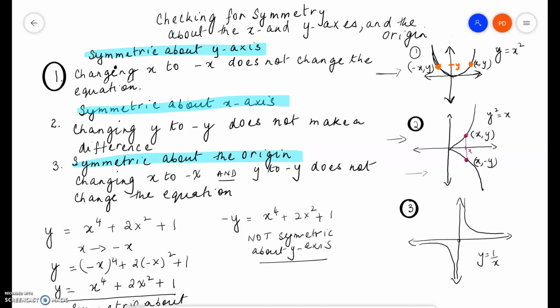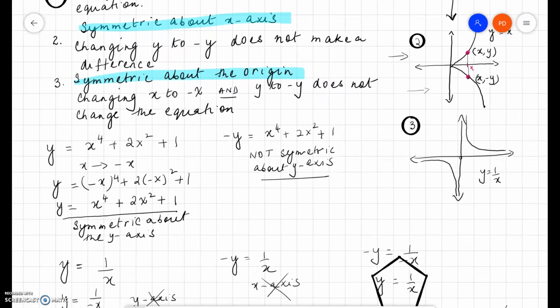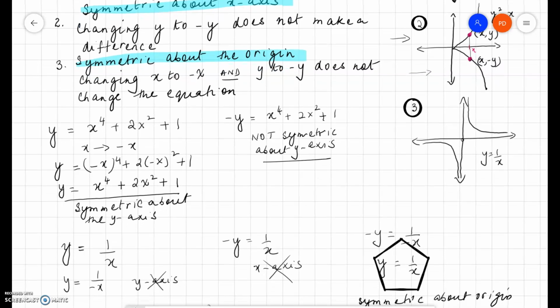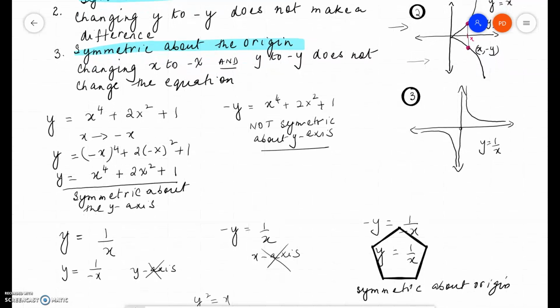So let's look at a few examples here. Now, if we didn't know what the graph of the function looks like, so let's start with y equals x to the 4th plus 2x squared plus 1. If we didn't know what the graph looks like and we wanted to check for symmetries, then x is replaced with negative x, right?